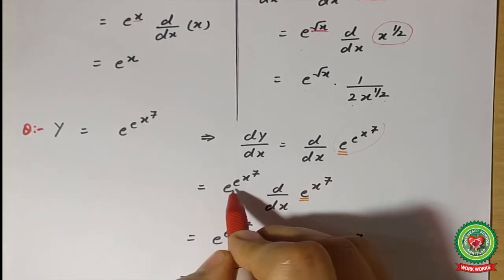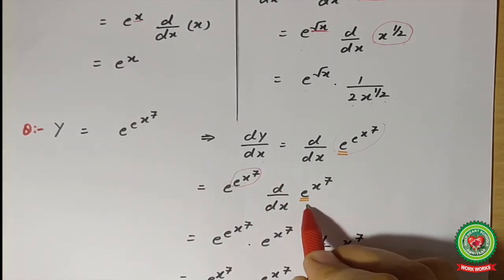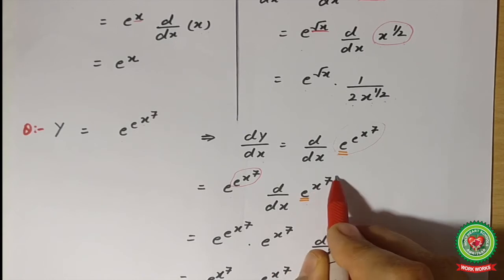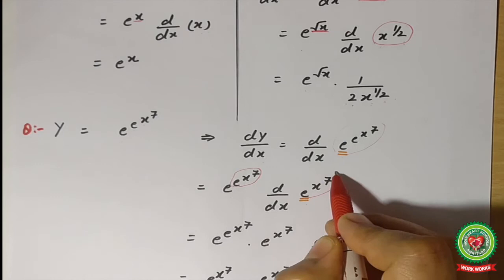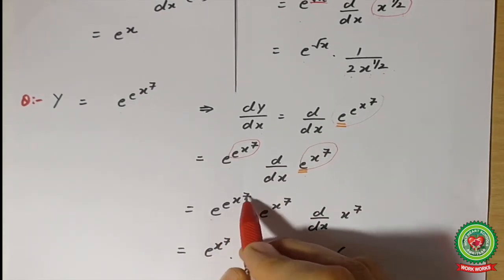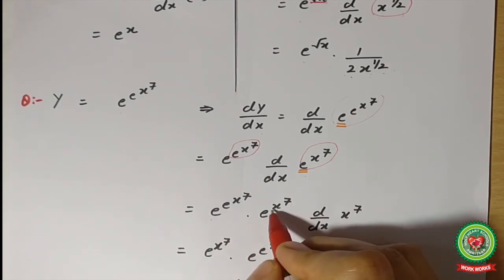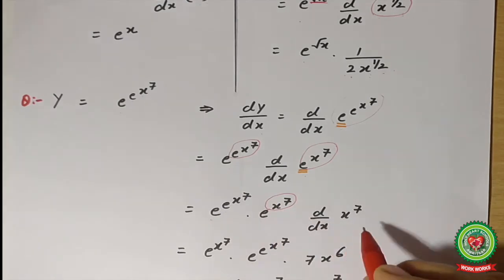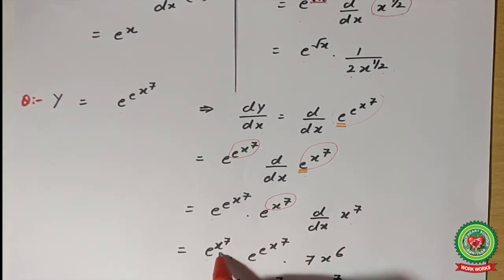Then for the function of e, this one, we will take ddx of e raised to power x raised to power 7. Now again e is there, so we will write the full term as it is. We will write e raised to power e raised to power x raised to power 7 into e raised to power x raised to power 7. Now what is the function there? x raised to power 7, ddx of x raised to power 7. e raised to power x raised to power 7, we will write the same terms there.